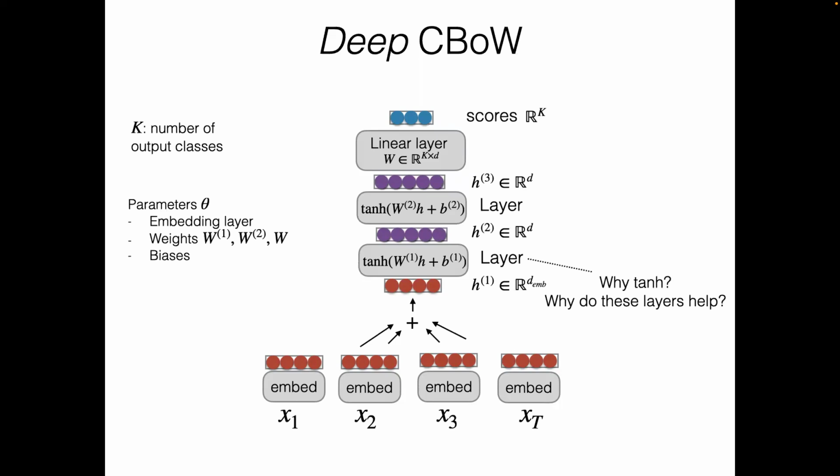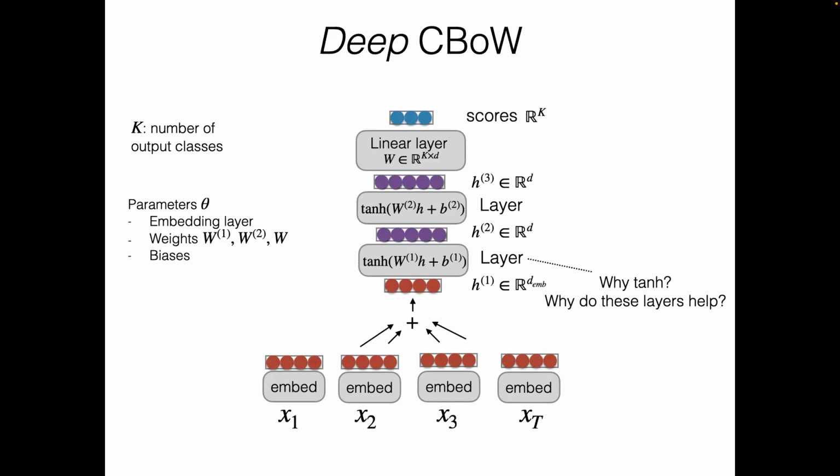So here, for instance, we have a notion of the embedding dimension. Here it's visualized as 4. So we start off with this vector of 4 dimensions. And then we have this layer, which is this linear transformation again. But then it passes through this tanh function, and this is called the activation function.